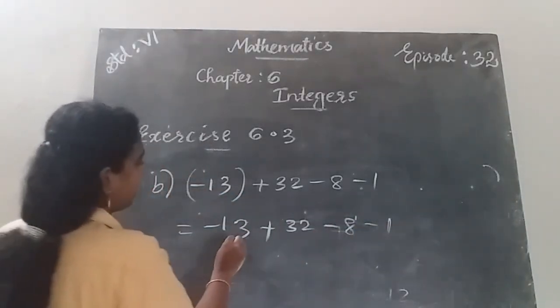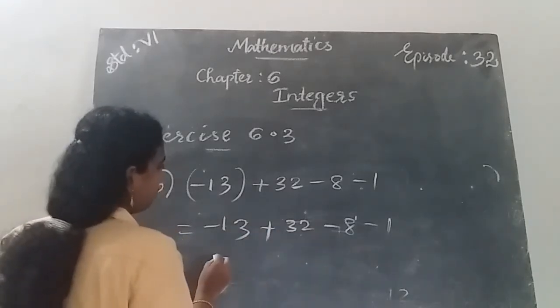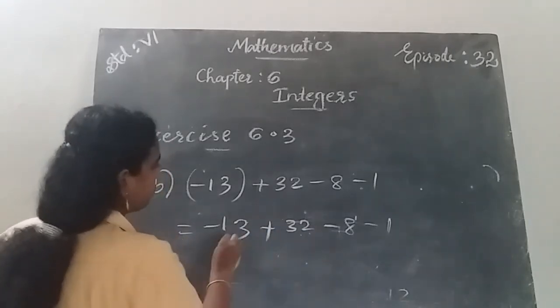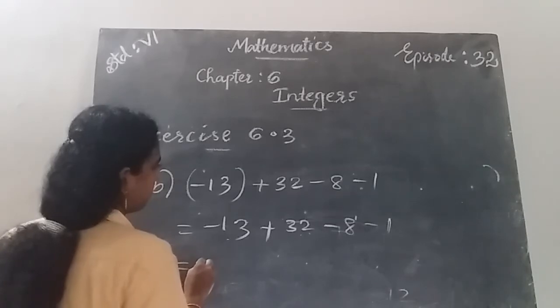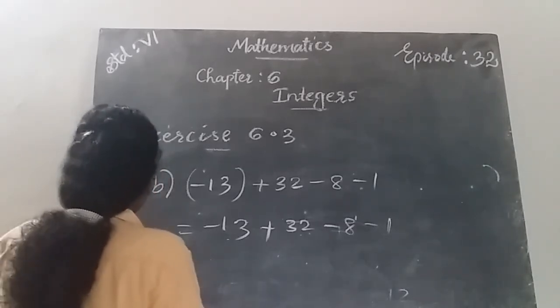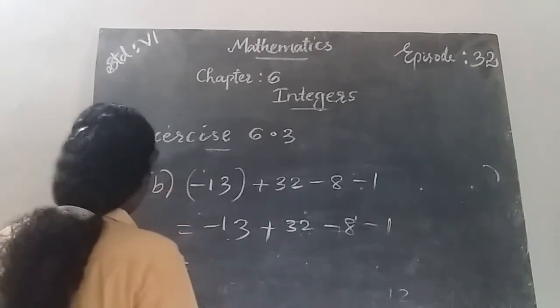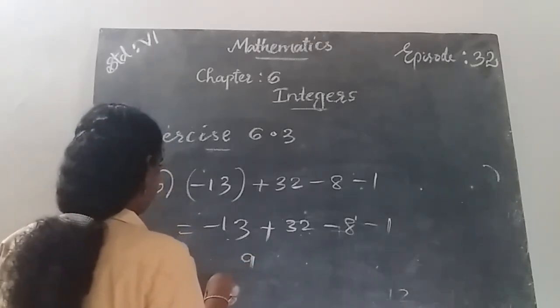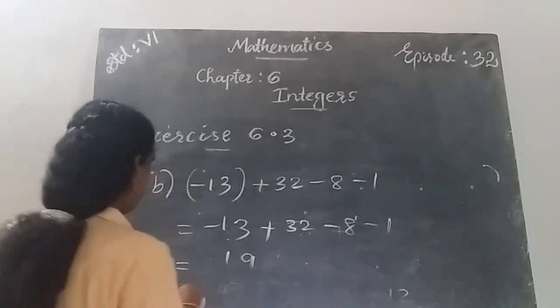And here negative 13 plus 32, we get 32 minus 13, we get 19. Okay.